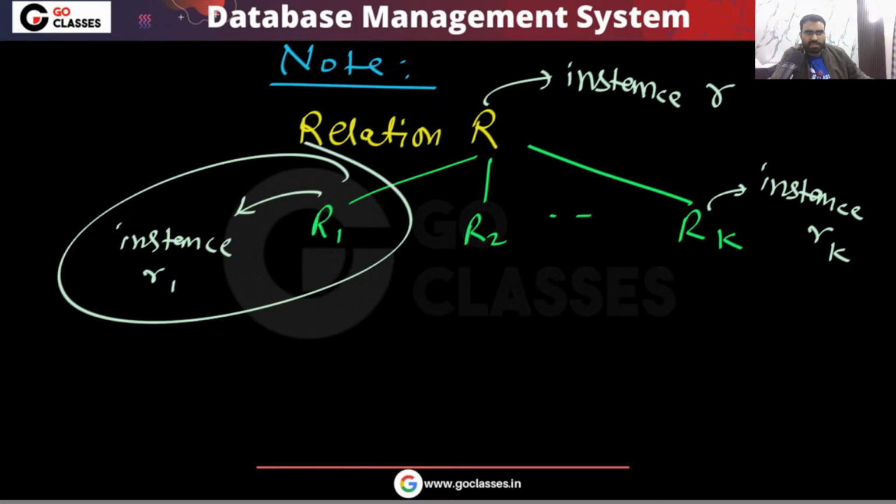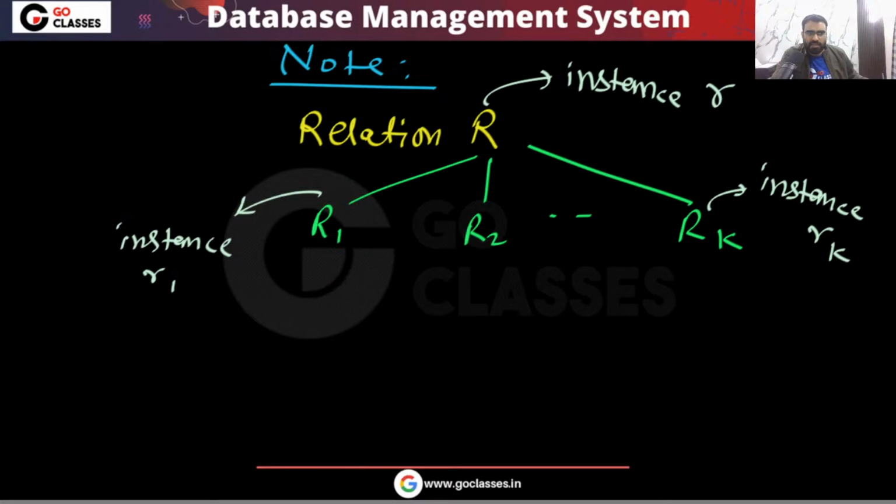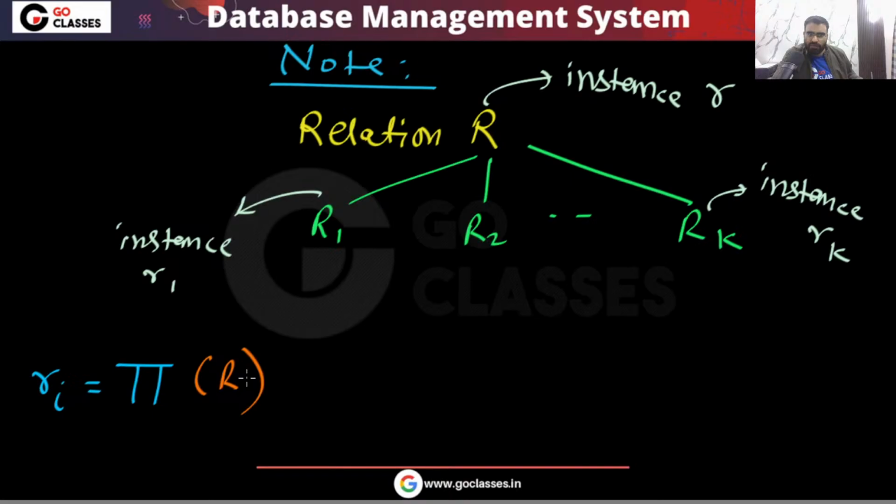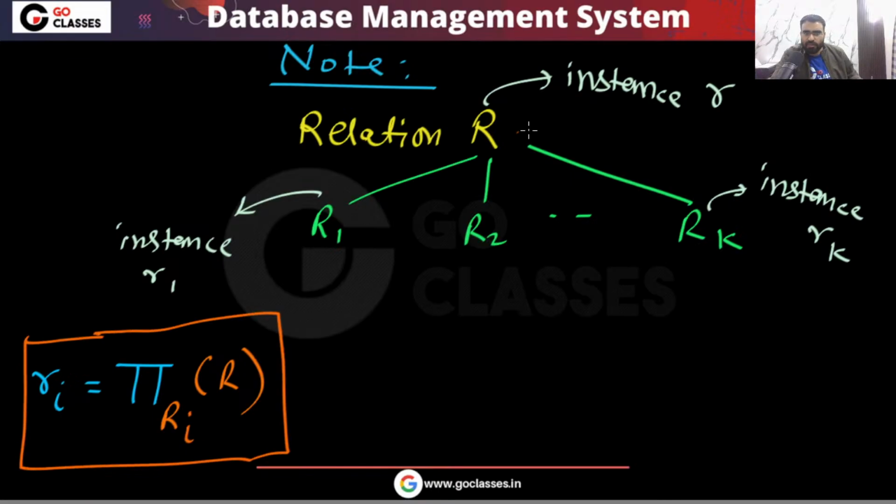How do we find this Ri? Ri will be the projection of the attributes of Ri from the instance of R. So it will be like pi from R, taking the attributes of Ri. This is just a small point, don't worry about it. Basically we are projecting the attributes of R, right?